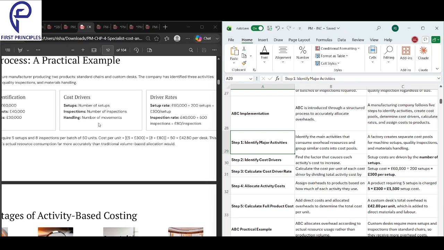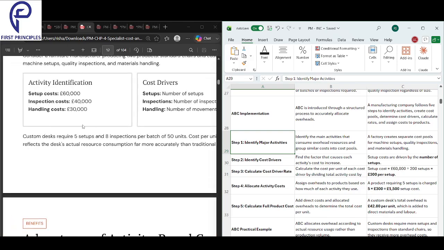Once you found the rate, you allocated the activity cost, assigning the overheads to the products based on how much of each activity they use. Total it cost this much, per unit is this much, this particular activity used this much of it. That's it, and you will get the full production cost.